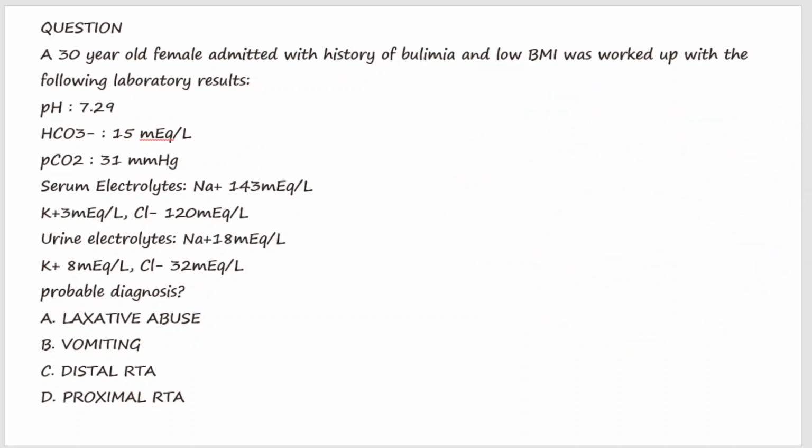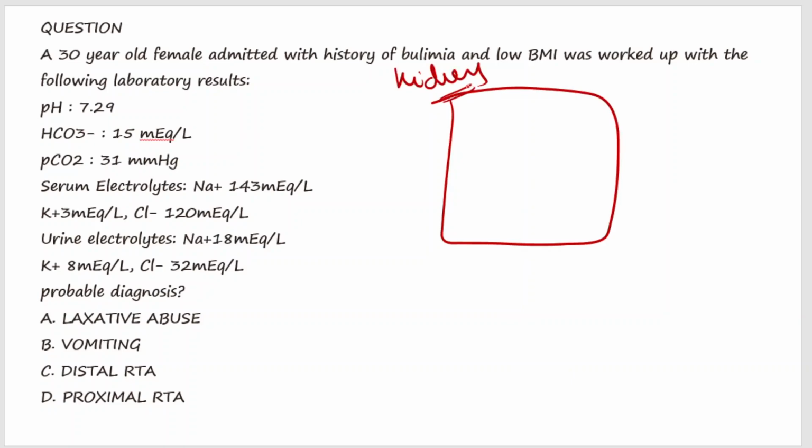Now what happens in this renal case? The kidney is not functioning properly in renal tubular acidosis, so your H plus is not coming out. If your H plus is not getting excreted, your ammonium ions are reduced, and your chloride ions will also be reduced.